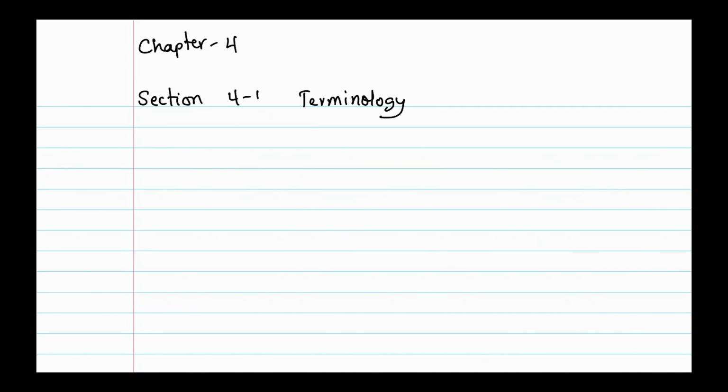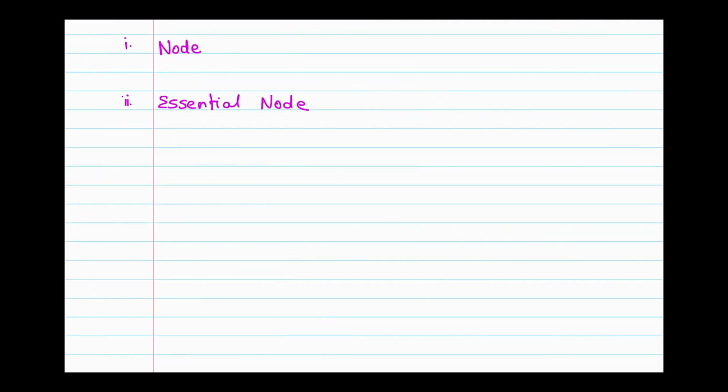All right, so the terms that we are going to look at are node. This is a pretty important concept. Then we'll discuss what an essential node is. Okay, so let's call this 1, let's call this 2. So we're going to look at the definition of a path.